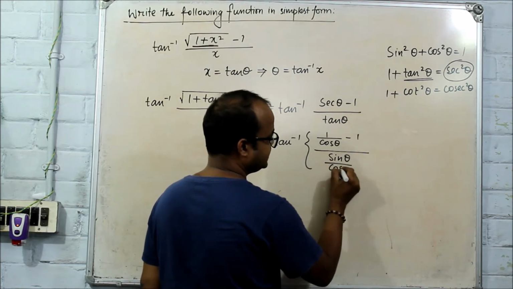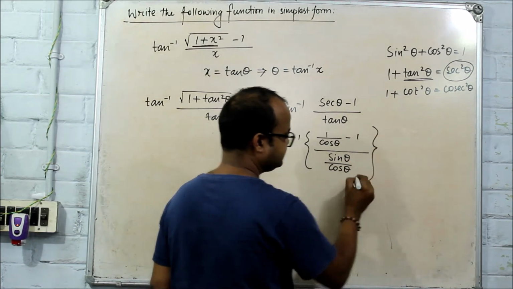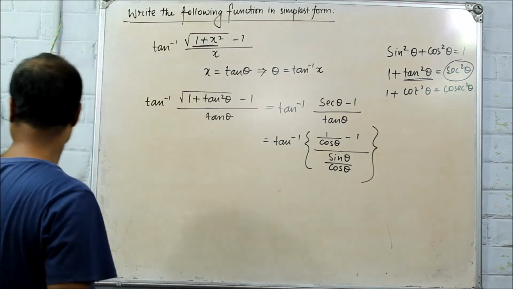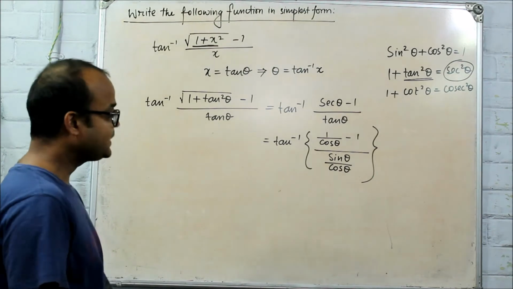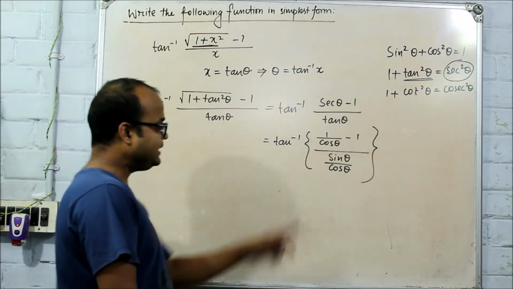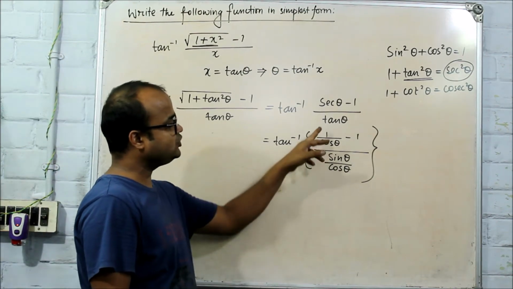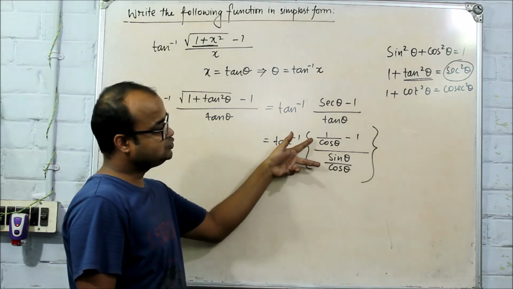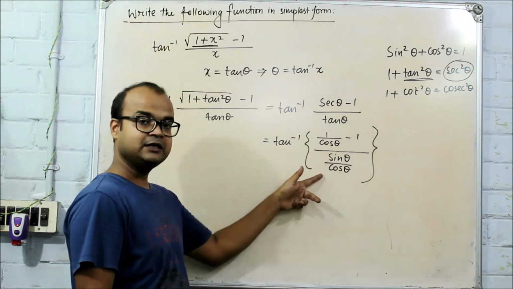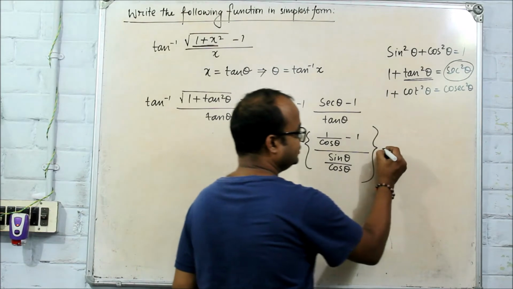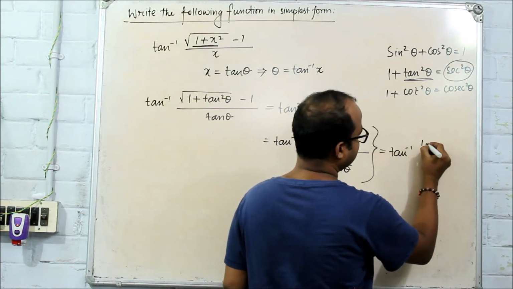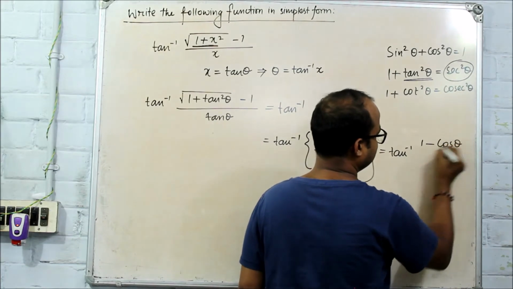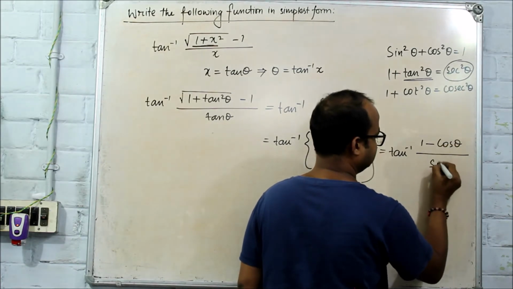We are writing as sin theta by cos theta. Why am I writing this as sin theta by cos theta? So that this cos theta and cos theta will cancel each other. So we are getting tan inverse of 1 minus cos theta by sin theta.